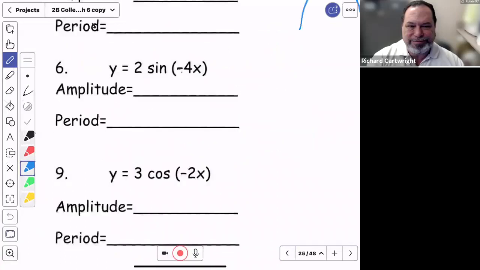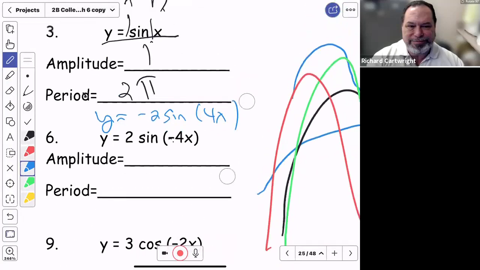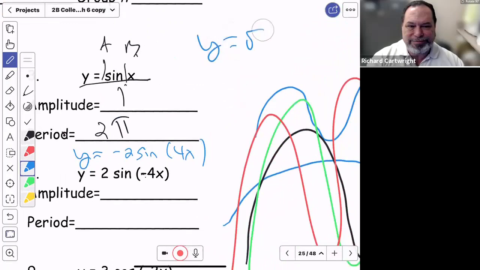Go back to that problem. What I personally would do is rewrite the problem as a negative 2 sine of 4x. Now that negative 2 does cause a problem because now the sine curve flips upside down. If you remember, if you graph y equals square root of x, that looks like this.